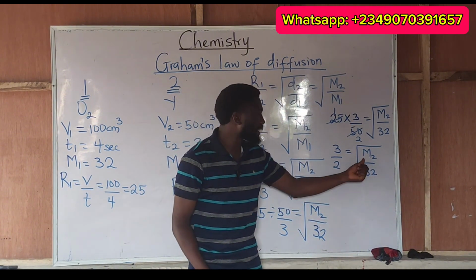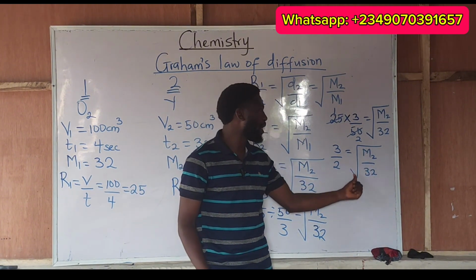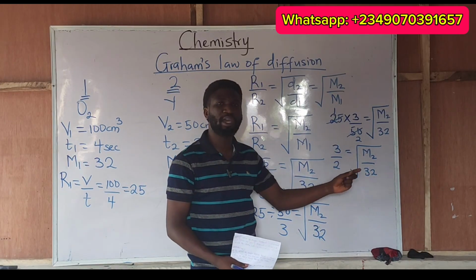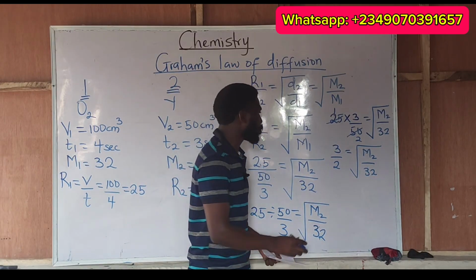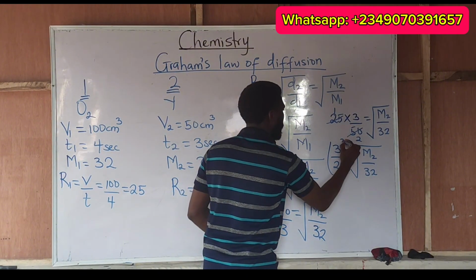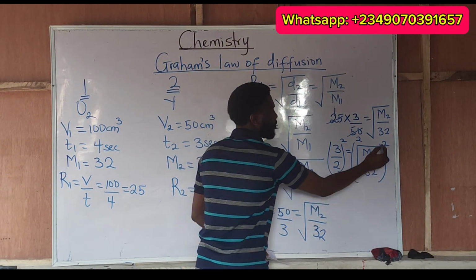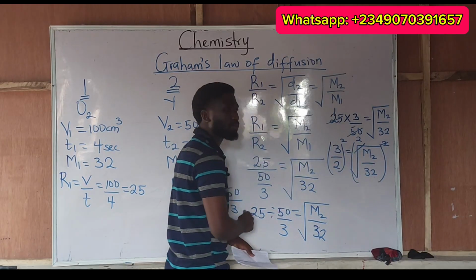So we need to get our M2. And then we have this square root here. What do we need to do to cancel the square root? We have to square both sides. Squaring both sides, square cancels square root.